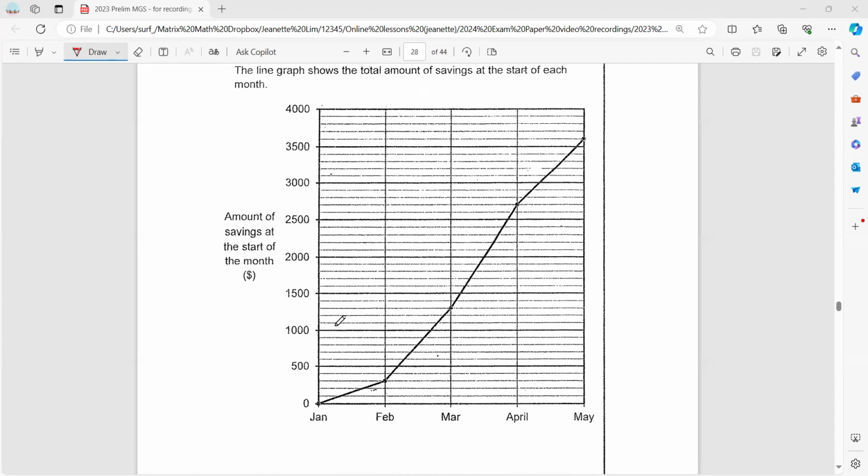So I'm going to record down what are each of the values for the month. This is a 0. Every increase is 100. This is 300, 1,300, 2,700 and 3,600.